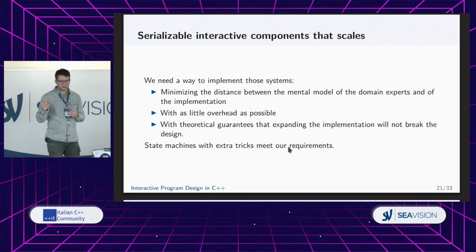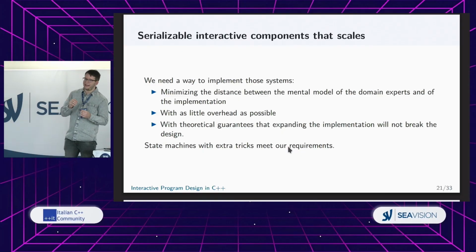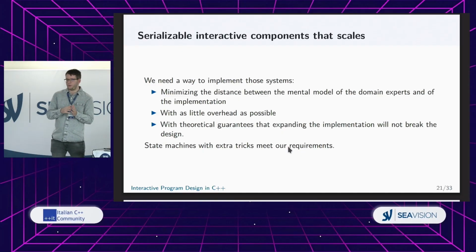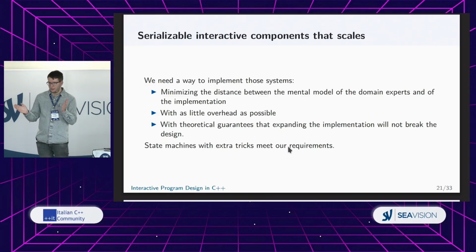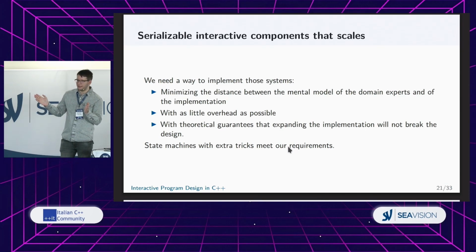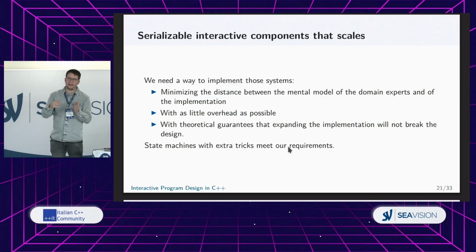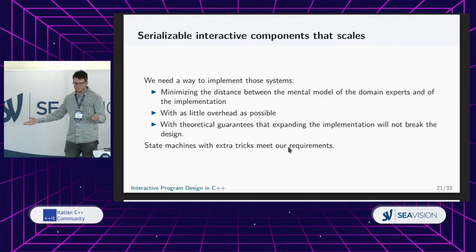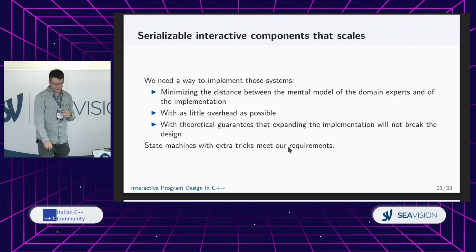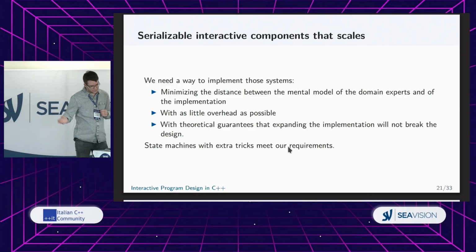And the other thing you want to have is theoretical guarantees that whatever your solution is will be able to scale when you add extra stuff. You do not want a solution that, when you add another feature, you have to rewrite entirely because it does not support whatever you want to do. And state machines with some extra tricks are what we want. And now we will talk about state machines for the rest of the presentation.